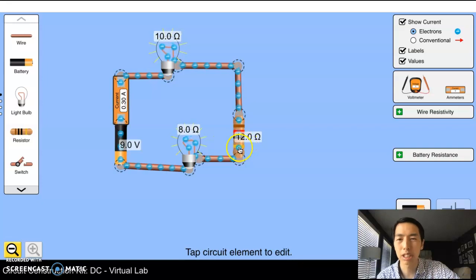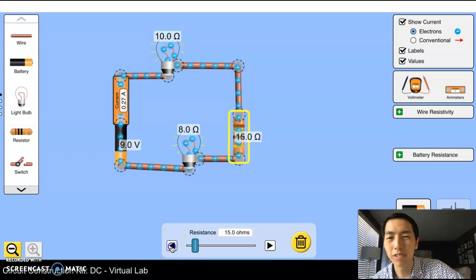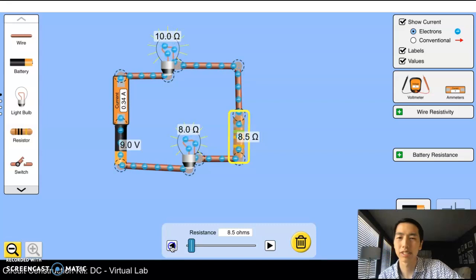If you need the current to be smaller, then you're probably going to replace this resistor with a higher resistance. And if you need the current to be bigger, you replace the resistor with one of lower resistance. And you see the current going up there.